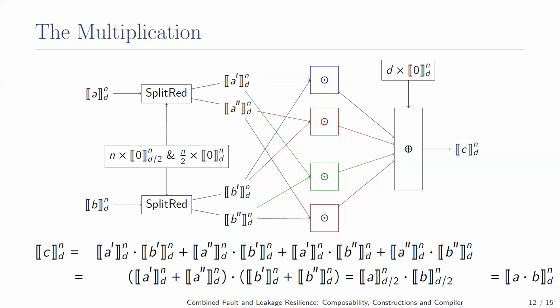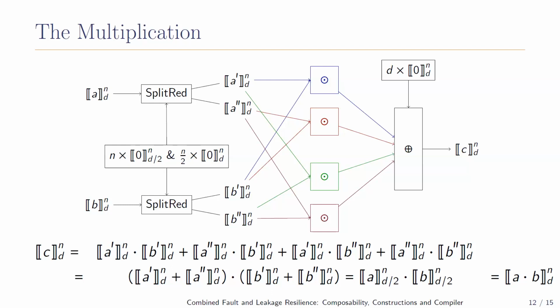For the security, we still need some randomness there. So the first thing we need to do is refresh the output, and we also insert some randomness in the split-reduction gadgets. This is how we do it in the split reduction. We do it in the same way as we do in the classical degree reduction.